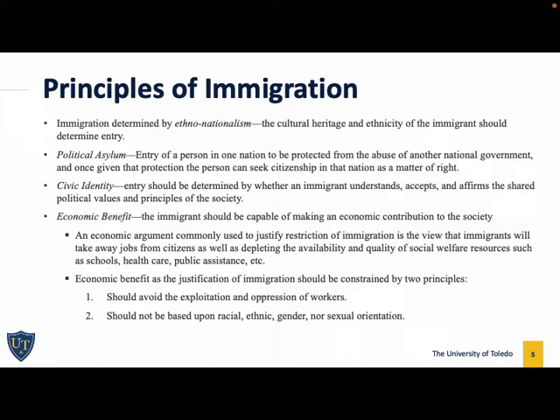So gender, race, ethnicity, religion, culture should not be a limiting factor in the immigration of workers. Usually these principles can work in combination, and often do work in combination.